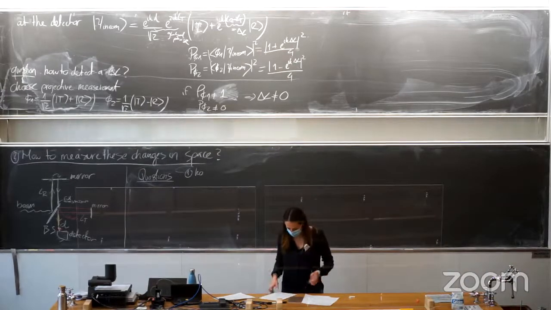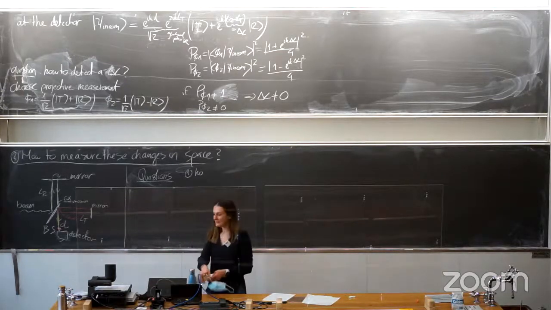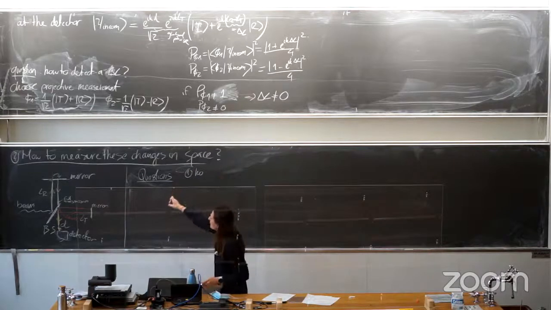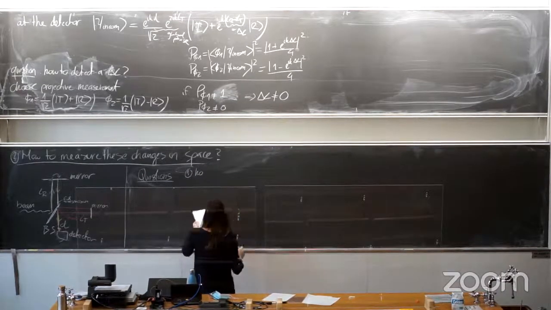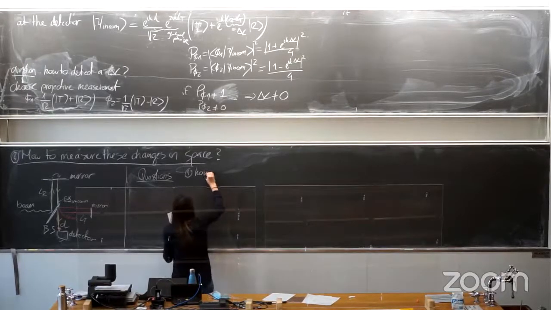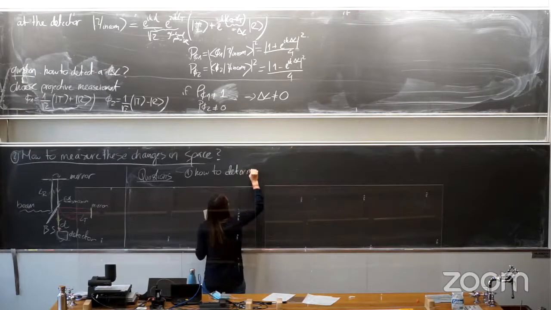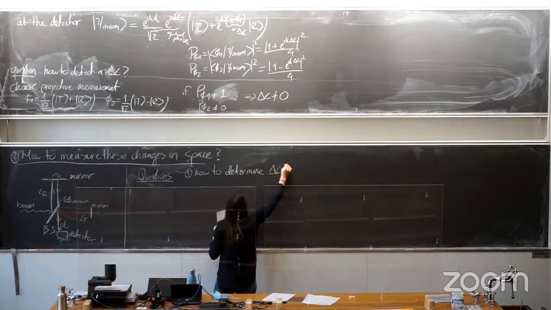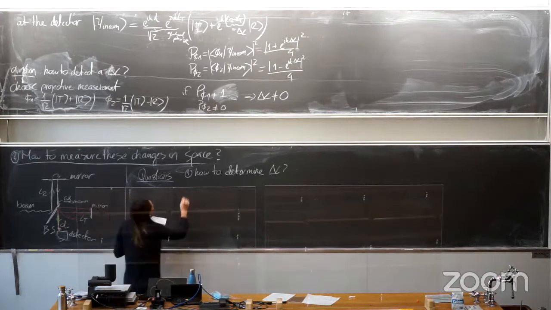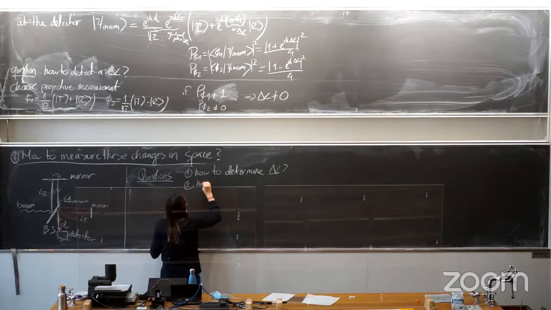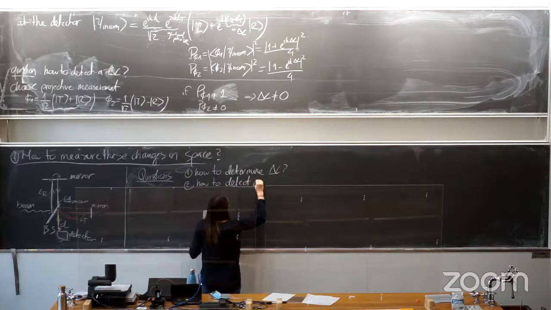And we'll come to the most exciting part, in my opinion. So now we have this setup. We have our probability to detect our beams. And then the question is, one, how to determine delta L, because this is usually what we don't know, and two, how to detect gravitational waves.